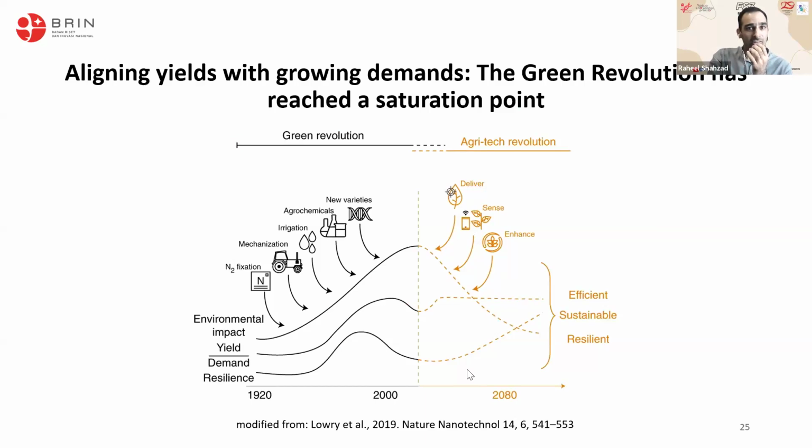Some people believe that the green revolution has ended because the yield curves are flattening. Whatever the input that has been used, the yield has come to a saturation point. So people believe there is a need for an AgTech revolution, and nanotechnology is part of the AgTech revolution.